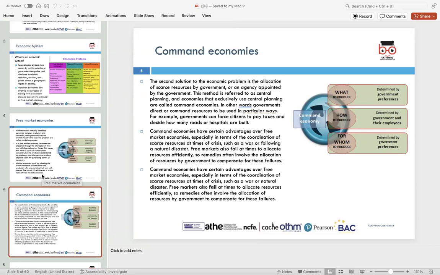A government allocates resources, so command economies can be beneficial in terms of coordinating resources during times of crisis. Yet they may also necessitate intervention from the government in order to handle markets that are not functioning properly.